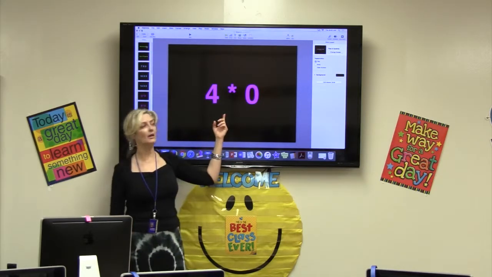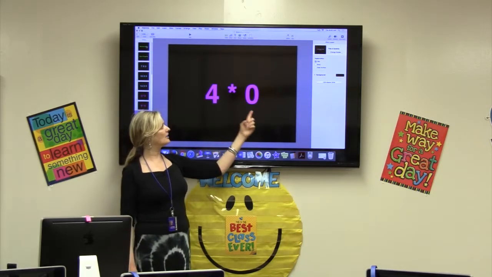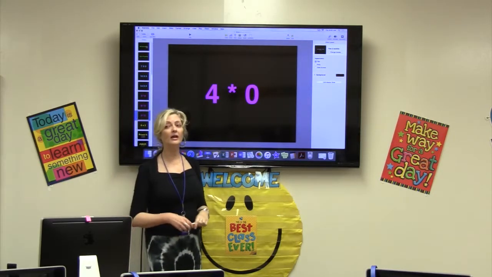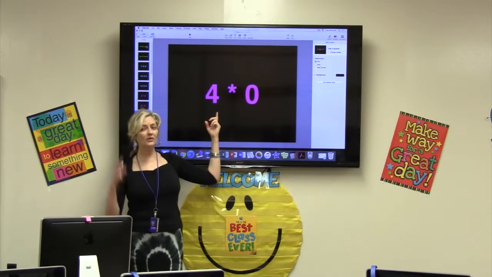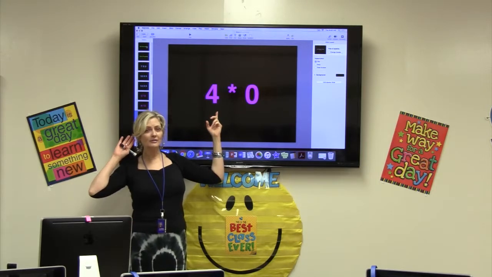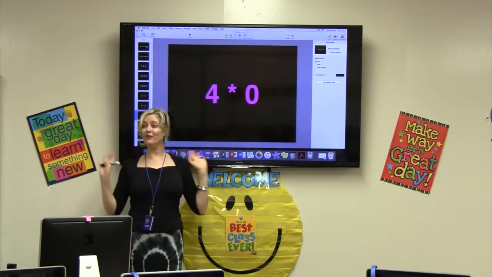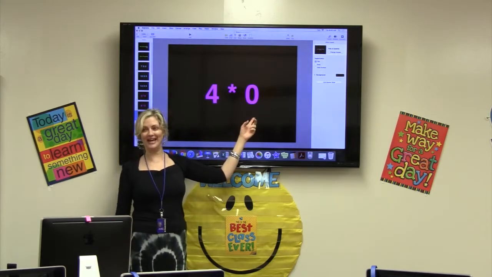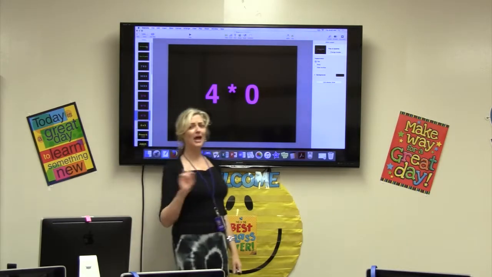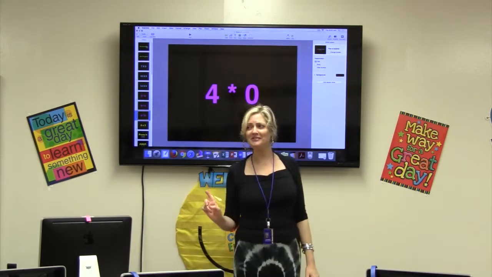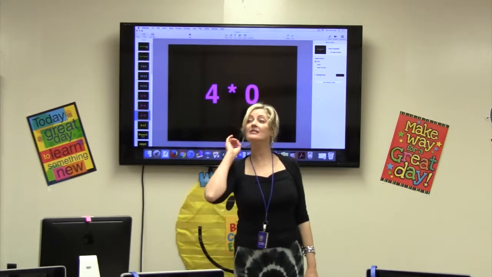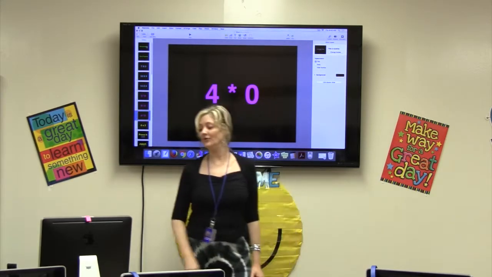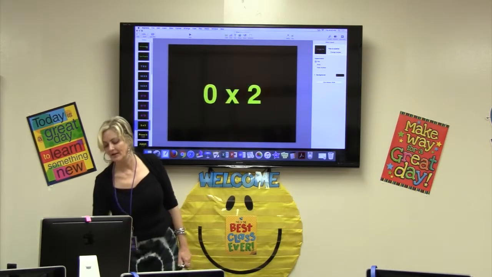Let's read this one also. 4 times 0 equals what? 0. Why? Because the 4 is saying, I have 4 groups. Yay, I have 4 groups. But what's the second factor saying? I'm not putting anything in those groups. Too bad, so sad. 0. Very good. 0 property. Okay.